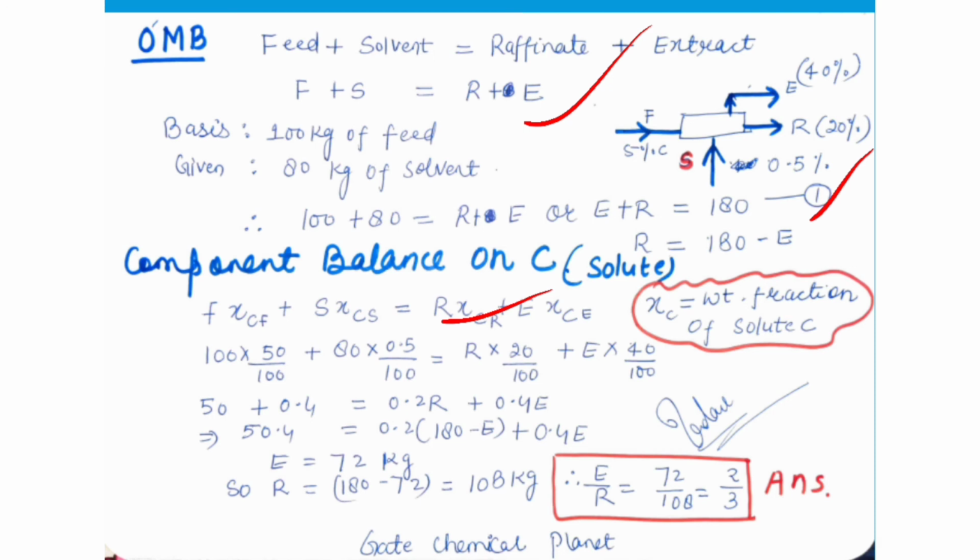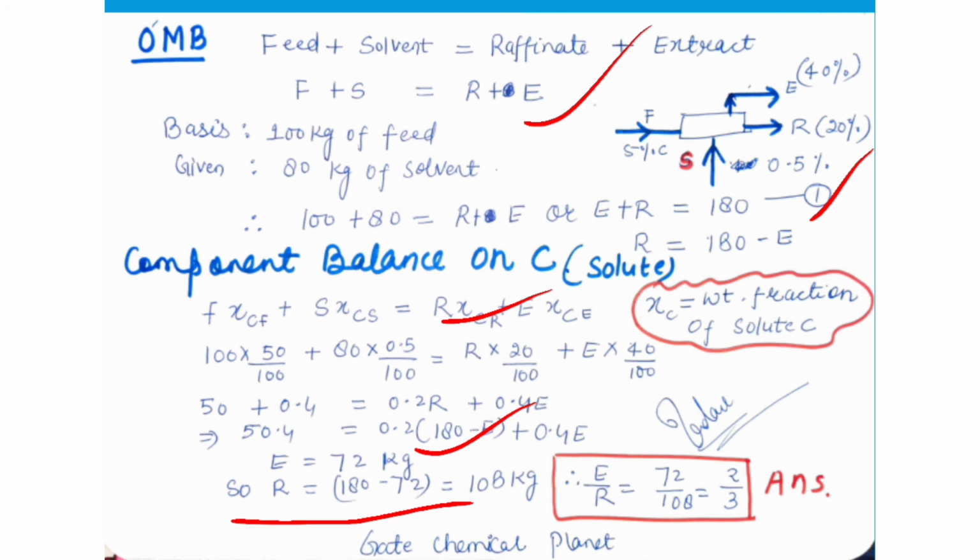In this way we get the equation: 50 plus 0.4 equals 0.2 R plus 0.4 E. As we already know R equals 180 minus E, put 180 minus E in place of R. We get the value of E as 72 kilograms. After solving for R, we get 108 kgs of raffinate.